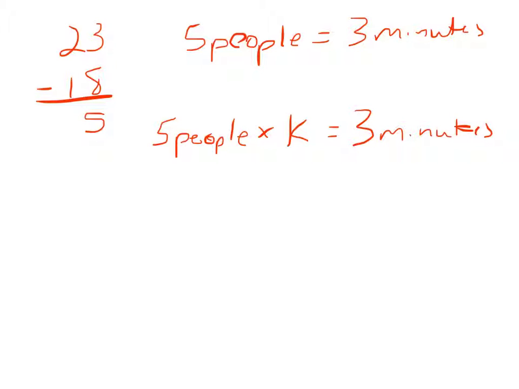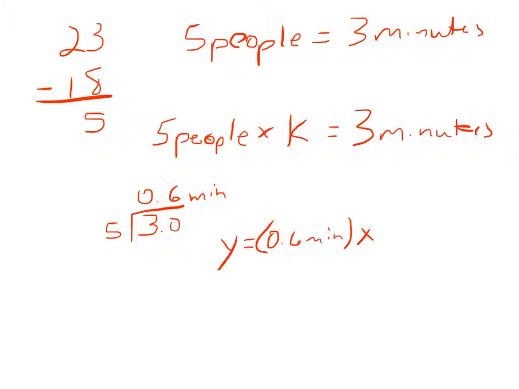So how much time is each person getting attention? Well, we can divide that. 3 divided by 5. That'll be 0.6 minutes a person. So our constant is y equals 0.6 minutes times x.